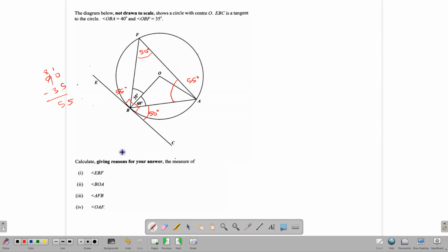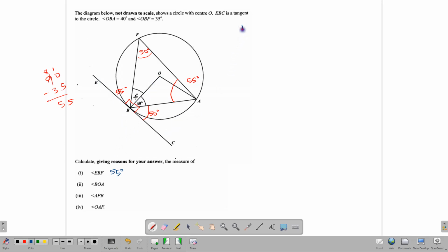All right, we've filled in quite a bit, so let's answer the question as it is written. EBF, where is EBF? EBF, we have found it. EBF is equal to 55 degrees. And the reason it's 55 degrees is that OBE is equal to 90.